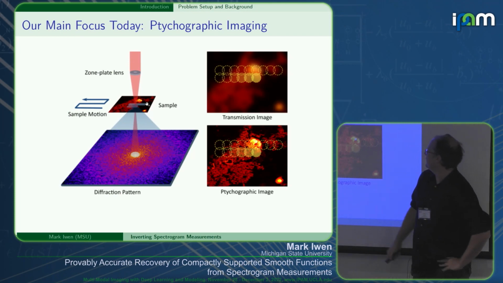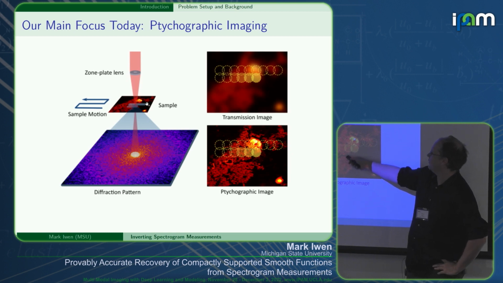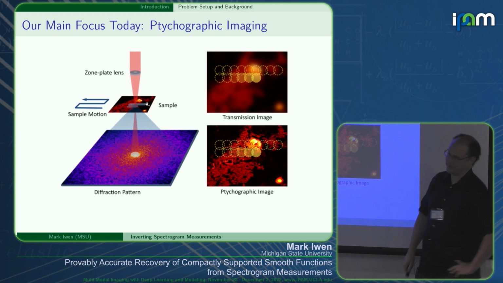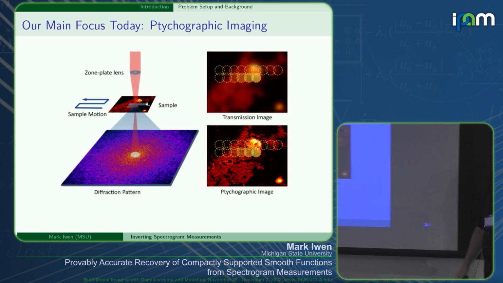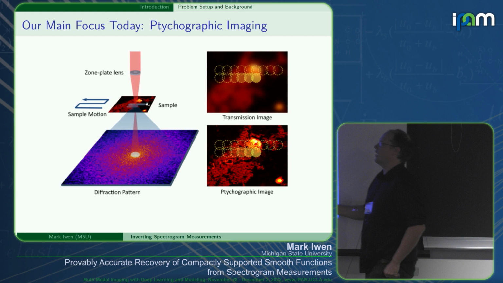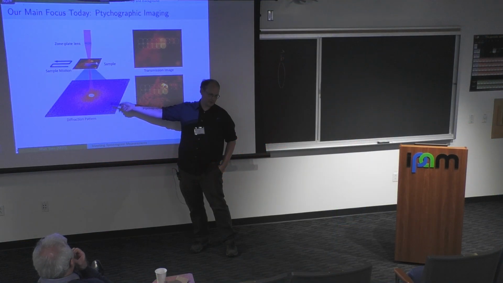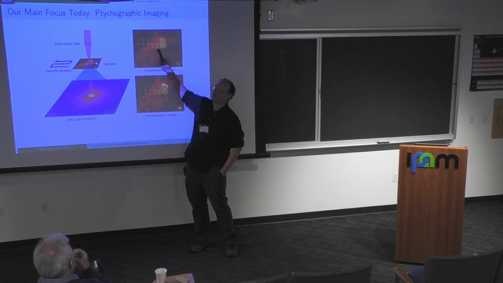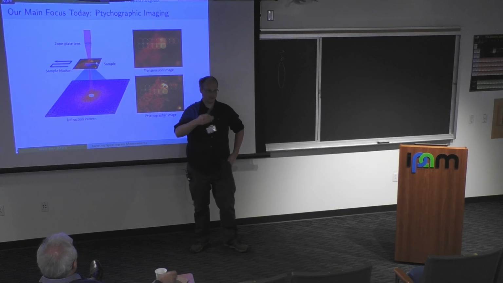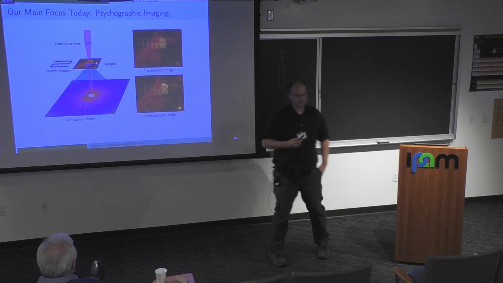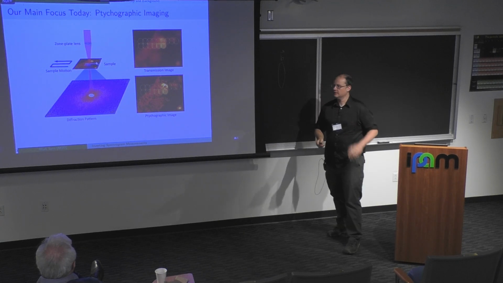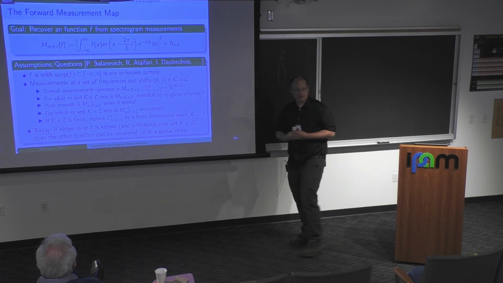But this has something to do with I guess the electron density or whatever of the sample that's just color coded that way. I'm not exactly sure why. Now, all I want to get across here is that we have Fourier magnitudes coming from the diffraction pattern and shifts of that information that we get as we sort of move our probe around. So that's the main thing that I want to do to motivate these measurements.